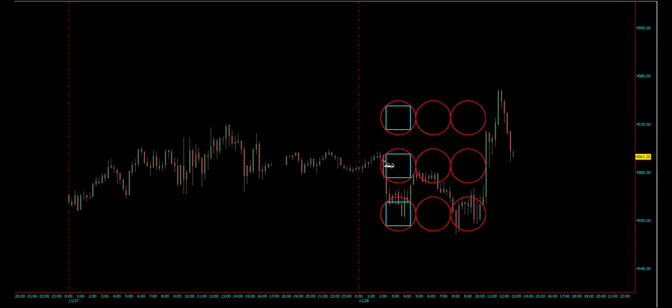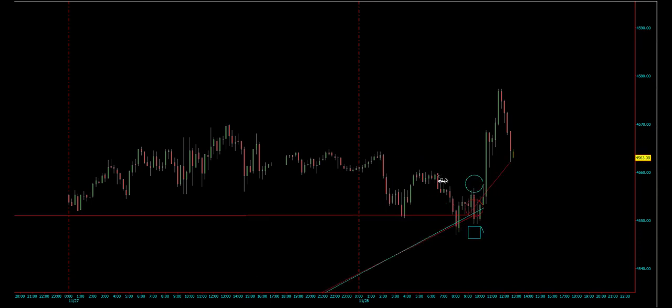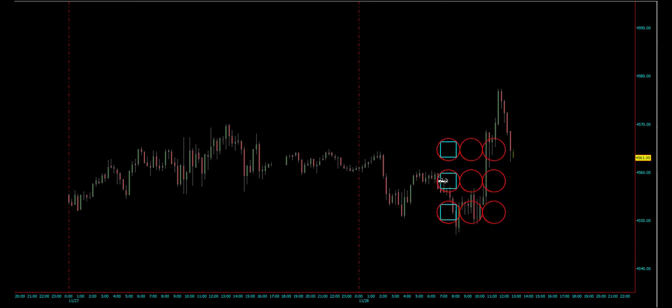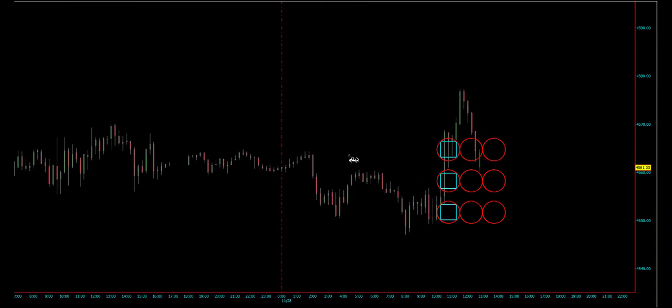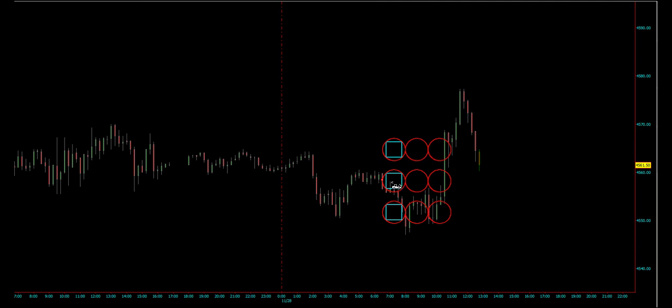All right, so we saw something up again here. And it goes back to the same square.